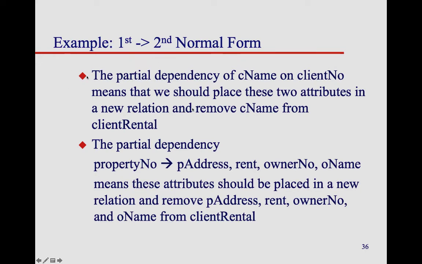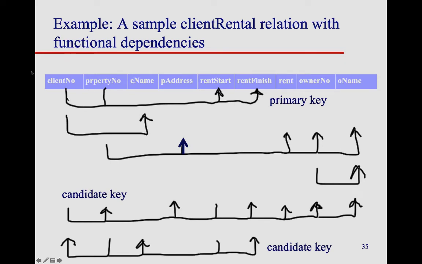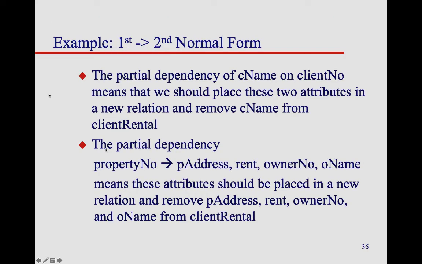So if we come back here, the primary key is client number and property number. We have two dependencies that are partial. Client number is a subset of the primary key, and property number is a subset. So we're going to remove the attributes associated with those two partial dependencies and put them in separate relations.